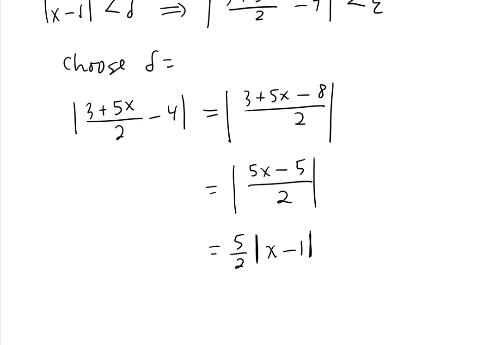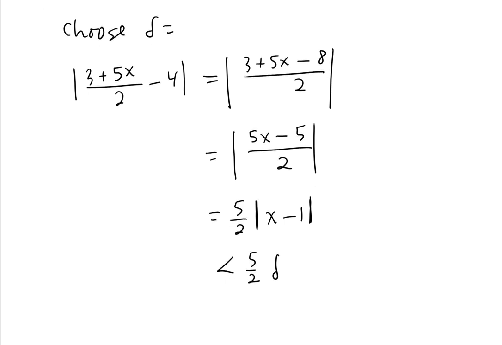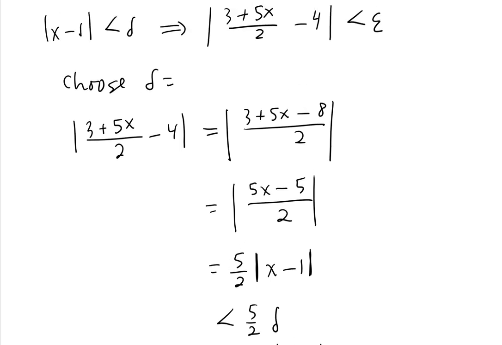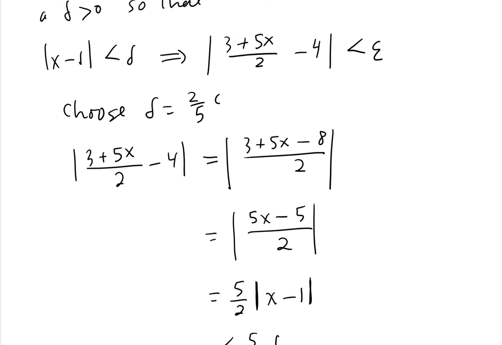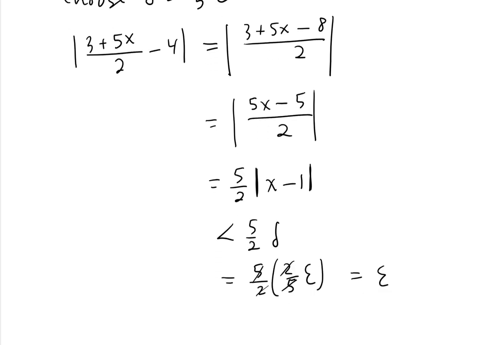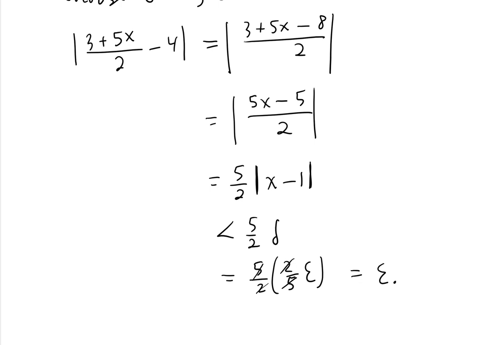Now we know that this is less than delta. So in order for this to work out, delta should be 2 over 5 epsilon. So this way I get epsilon. So delta should be 2 over 5 epsilon. That's how things are done.